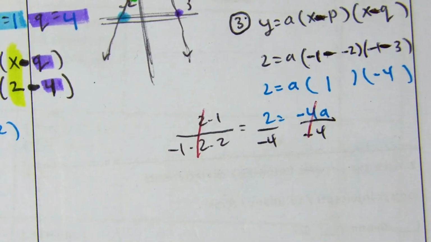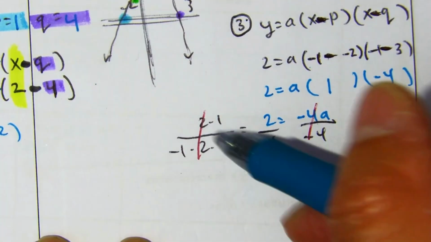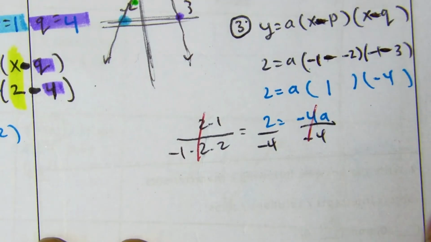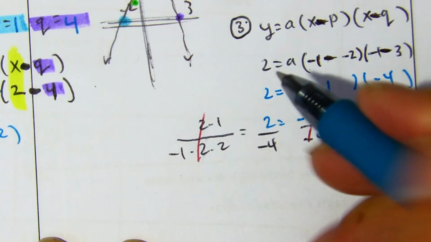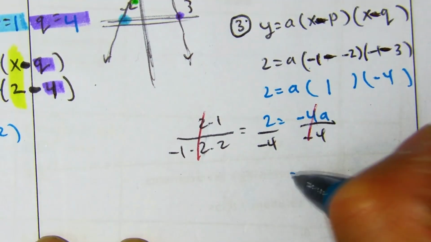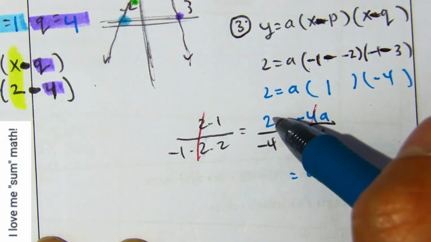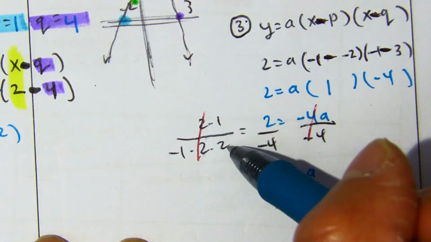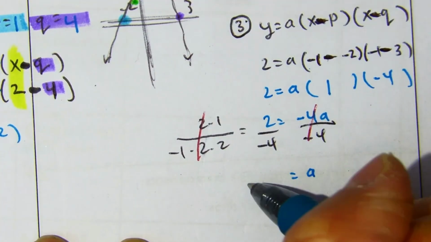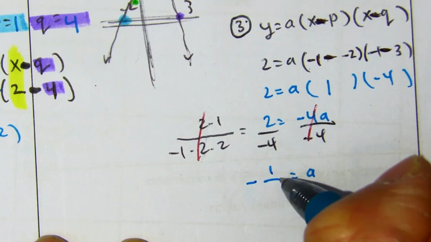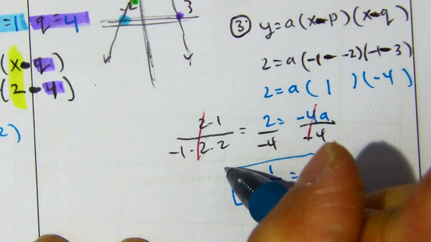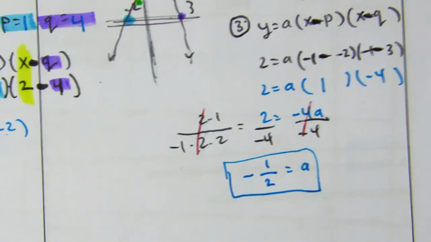What number does that look like? 1. 2 divided by 2 is 1. So that means that 2 divided by -4 is the same thing as 1 over -2. Now the whole expression is negative, so we write that on the same line as the fraction. Our A value is -1/2. Raise your hand if you got that.